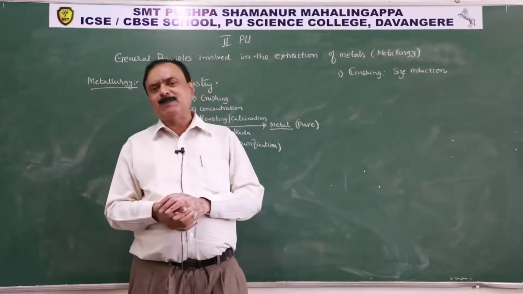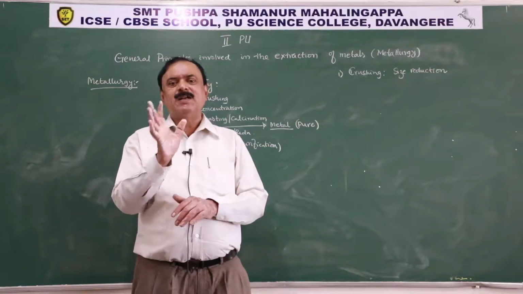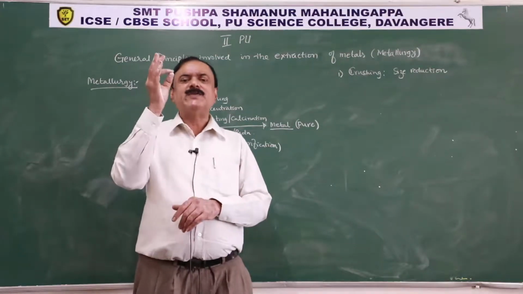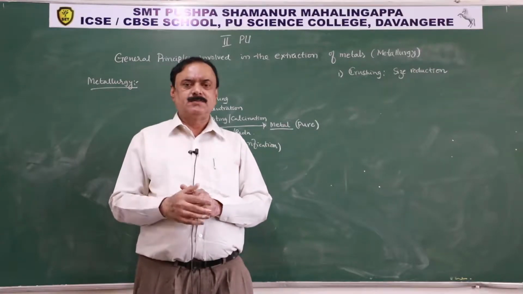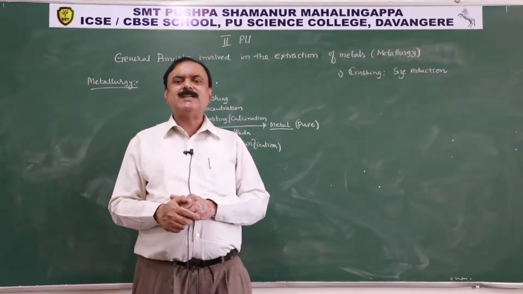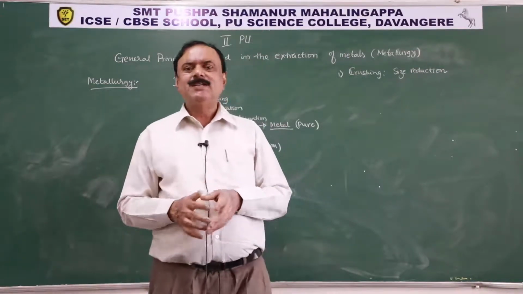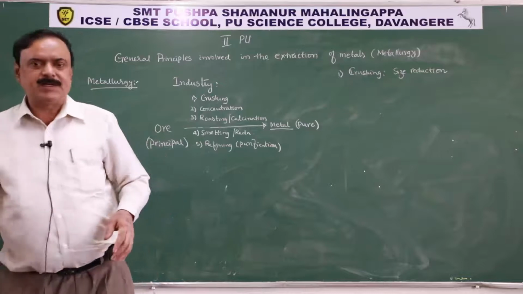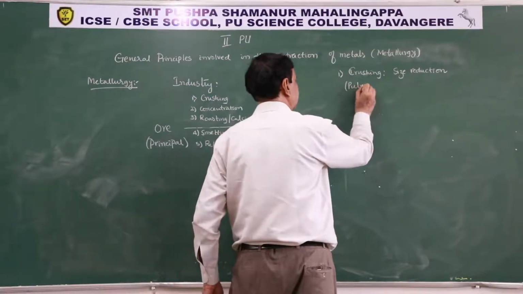What do you mean by crushing or pulverization? It refers to size reduction of the mineral found in the earth's crust, followed by powdering using different tools. That is called a pulverization operation or crushing operation.